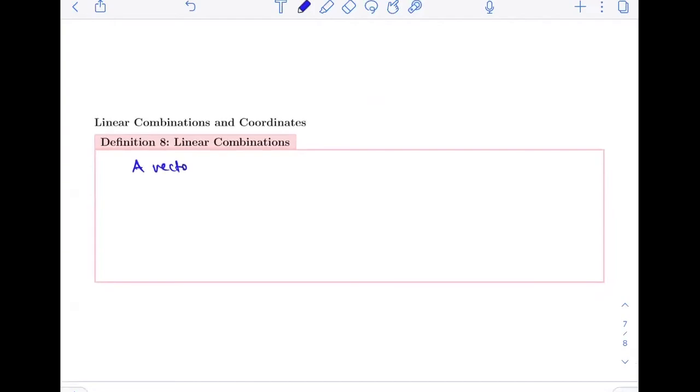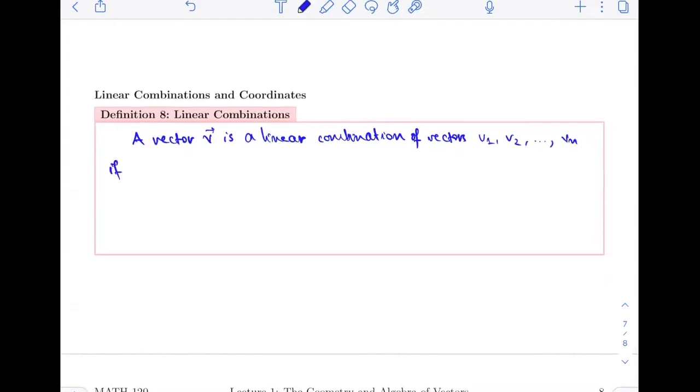A vector v is a linear combination of vectors v1, v2 up to vn if there are scalars c1, c2 up to cn such that v can be written as c1 v1 plus c2 v2 up to cn vn.